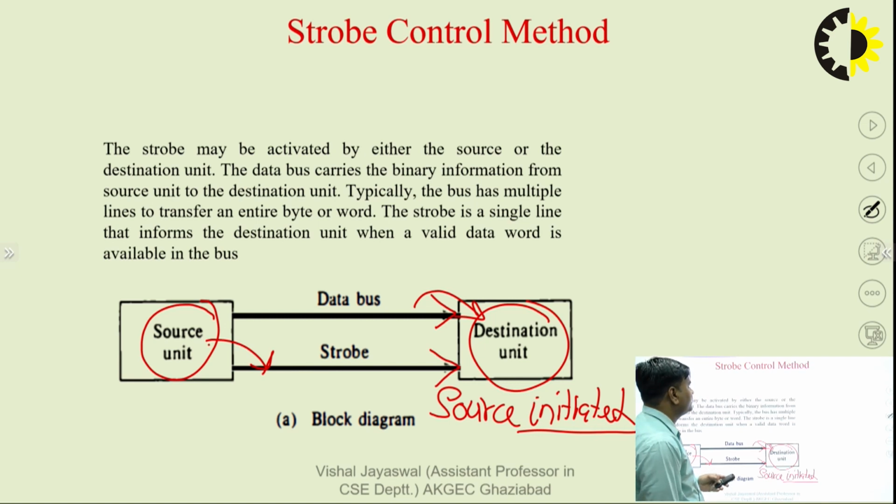This is the scenario in the source-initiated case: the source initiates the transfer by activating the strobe pulse, then places the data on the data bus, then the destination accepts the data from the data bus, because at this time the strobe pulse is activated. So at this time the data on the data bus is valid data. Basically, the strobe pulse gives validity to the data.